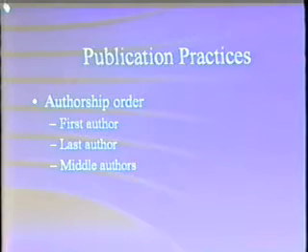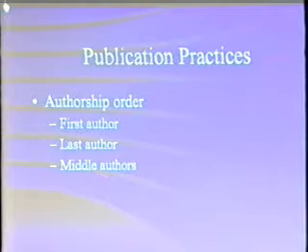In general, the convention, and this is by no means universal, but it's a predominant convention, is that the first author is the person who did most of the work. And that would be like a younger faculty member or a postdoc or a medical student, whoever did the bulk of the work. The last author is generally the person who is the head of the lab.